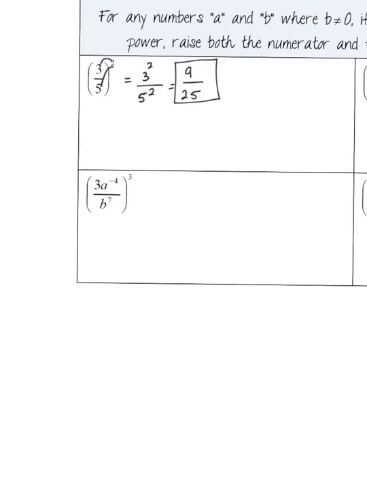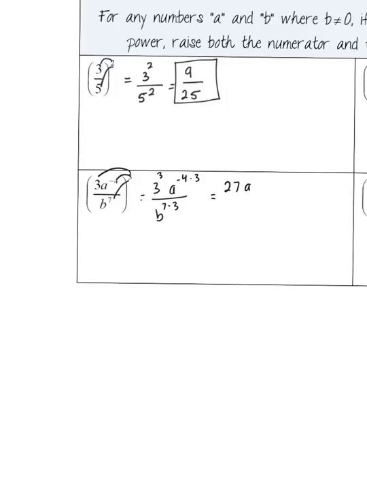Okay, this one is similar to the last one that we did. So this gets distributed to everything. So I'm going to have 3 to the 3rd power, a to the negative 4 times 3, over b to the 7 times 3. So 3 to the 3rd is 3 times 3 times 3, which is 27.